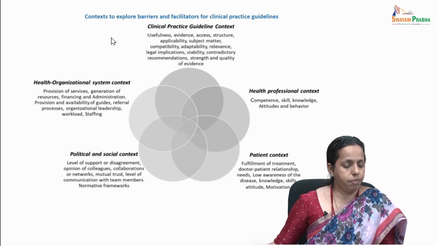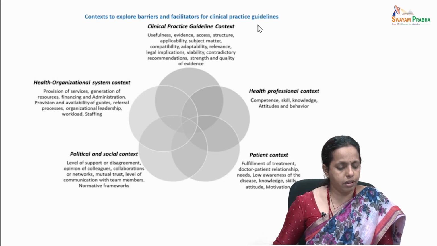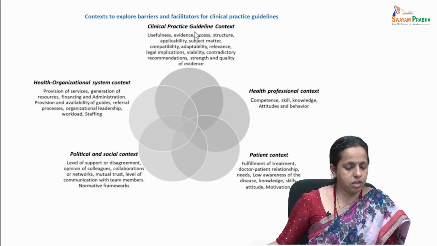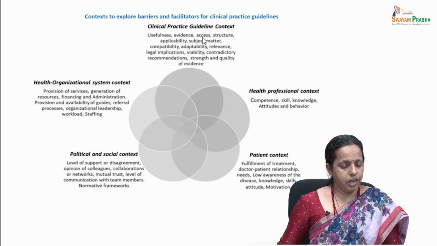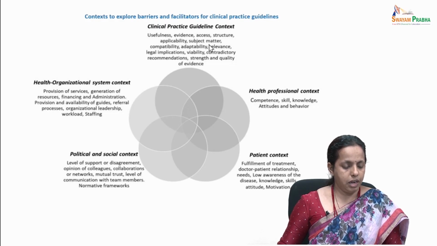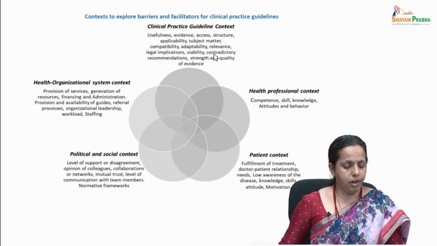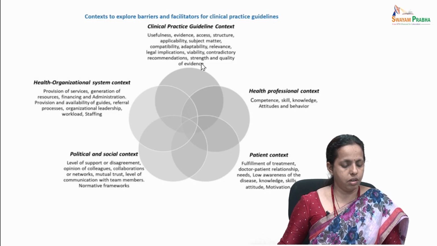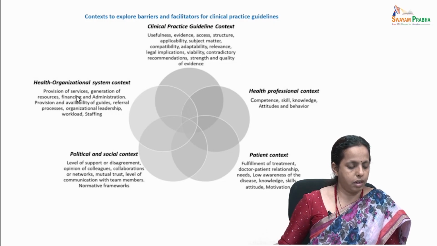This depicts the context to explore barriers for clinical practice guidelines. They should have usefulness, be evidence based, with access, structure, applicability, compatibility, and relevance. They should have legal implications, and strength and quality of education.